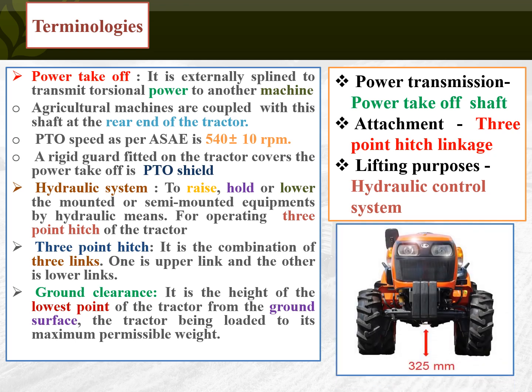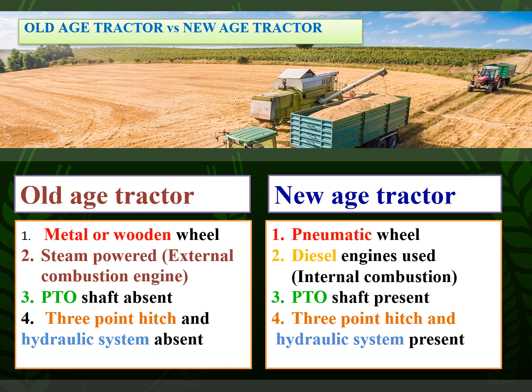The measurement taken from the surface of the ground up to any lowest point of the tractor is ground clearance. Here we compare the old age tractor and new age tractor to understand the development in tractor. In old age tractor, metal or wooden wheel is used for traction.